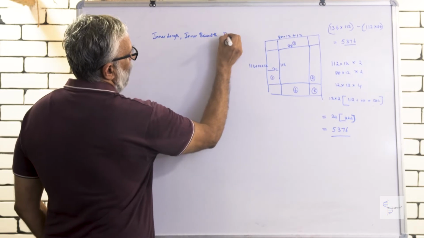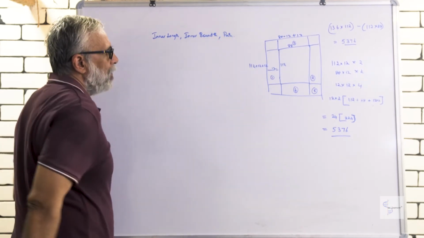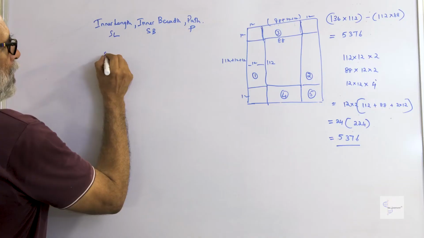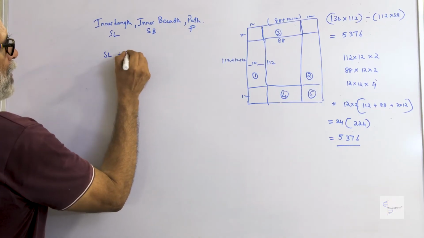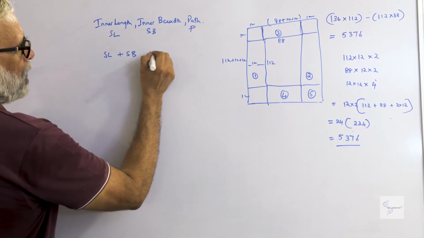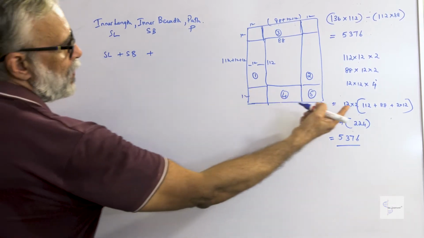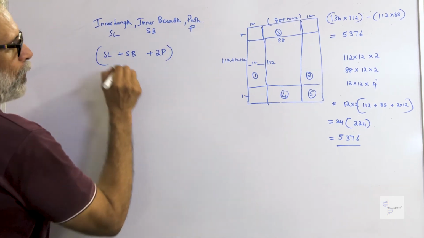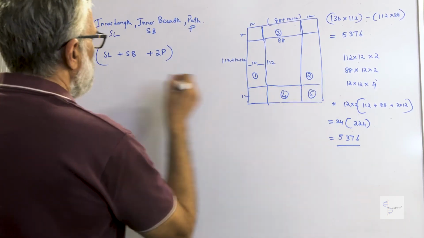Here, what is given is the inner dimensions, inner length, the inner breadth, and the path size. To generalize, it's nothing but 2 into path into inner length plus inner breadth plus twice the path.